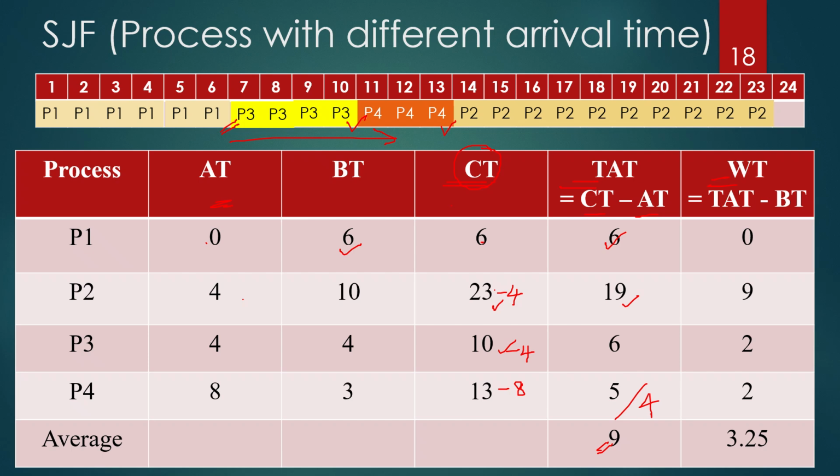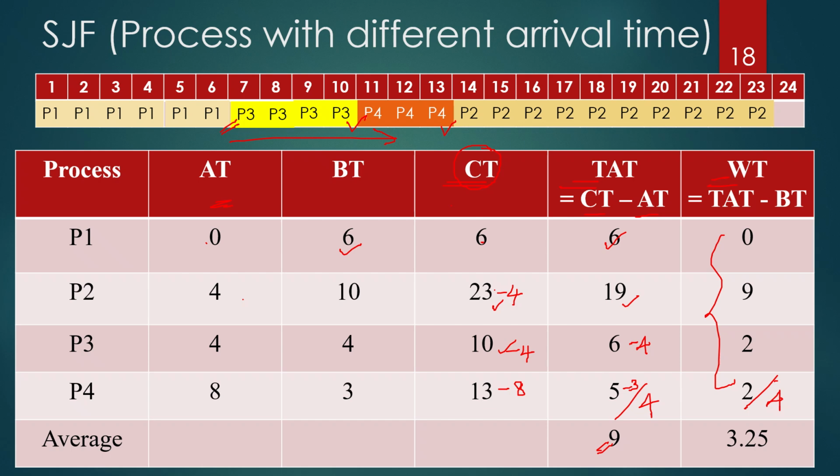And for process P3, 6 minus 4, it is 2. And for process P4, 5 minus 3, it is 2. So now to calculate the average, divide by 4. So sum up all these values, 9 plus 2 plus 2. 11 plus 2 is 13, right? So 13 divided by 4, it is 3.25. So we have calculated this.